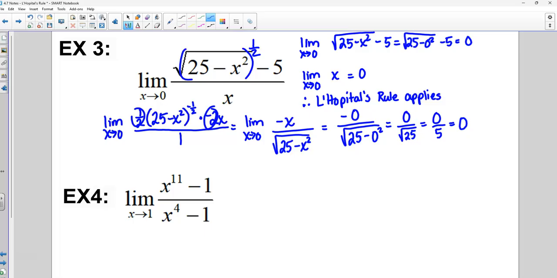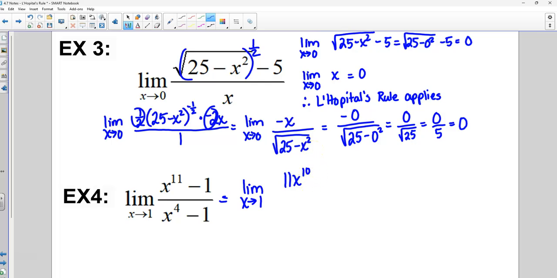So this is where L'Hopital's rule becomes pretty much essential, right? So I'm getting 0 over 0. If this was a free response, I would write out all of that stuff, right? I'm going to skip it for sake of time. So L'Hopital's rule applies. I can do the limit as x approaches 1 of 11x to the 10th.